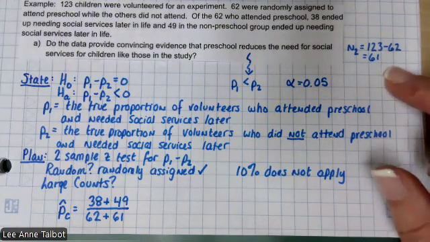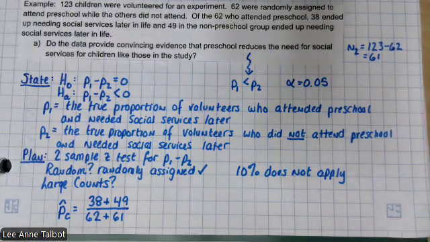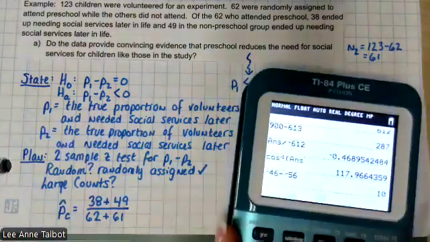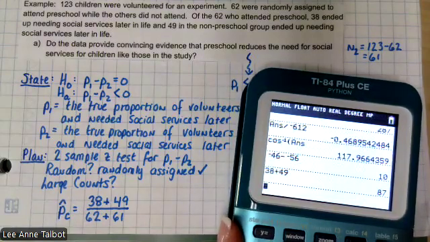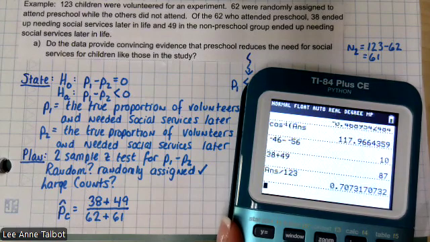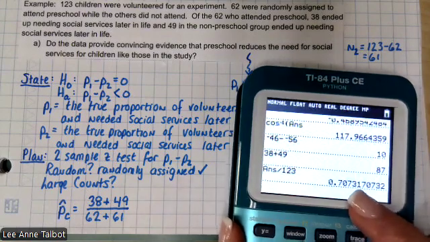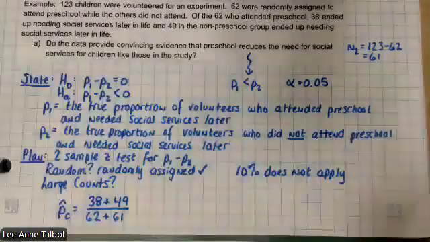I'm just going to throw that little calculation up there. Okay, so 38 plus 49 divided by 123. Oh, it's our area code, 0.707.